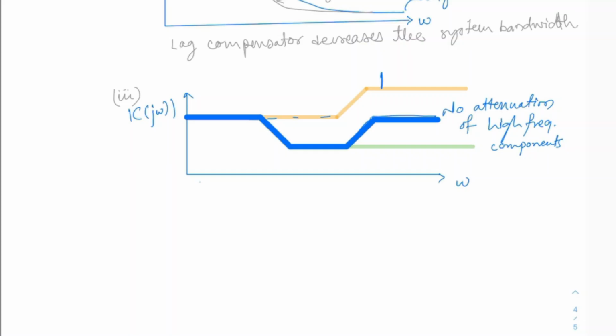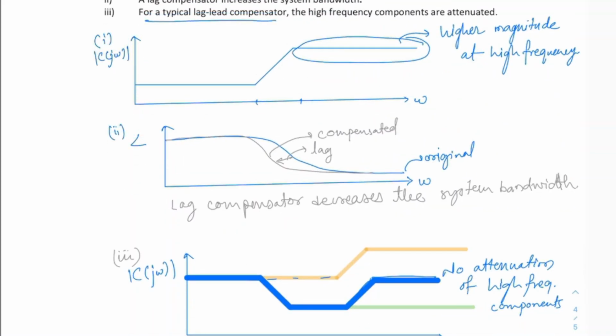When the input has high frequency, both the lead compensator and the lag compensator would cancel out each other's response, and there will be neither any attenuation nor any amplification. So for a typical lead lag compensator, the high frequency components are not attenuated. So this is false.